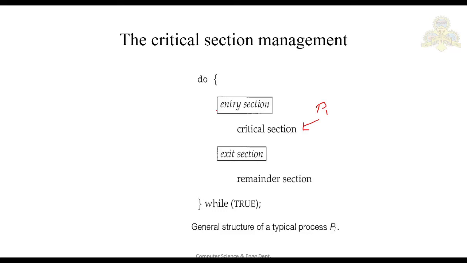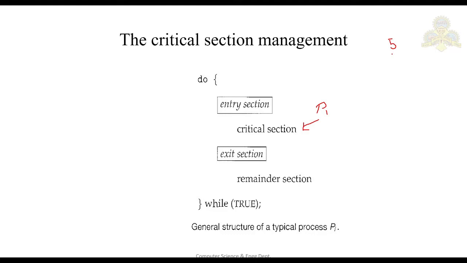Then we'll talk about the entry section. Whenever a process wants to execute in its critical section, first a request has to be sent, or a discussion has to be made among multiple processes. Say suppose in our system we have five processes, and all five are waiting to enter the critical section. They cannot randomly go and execute the critical section.